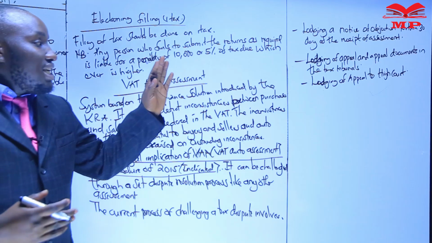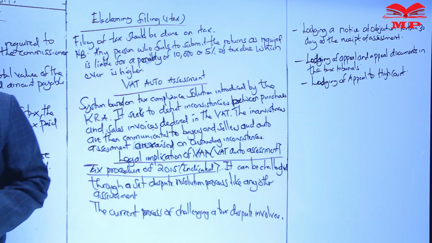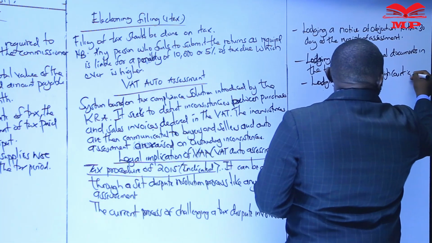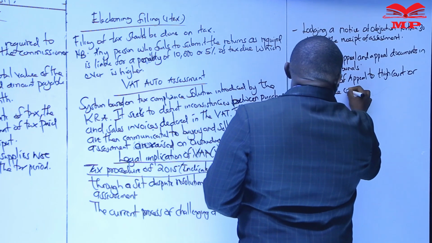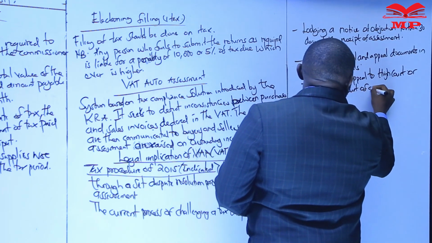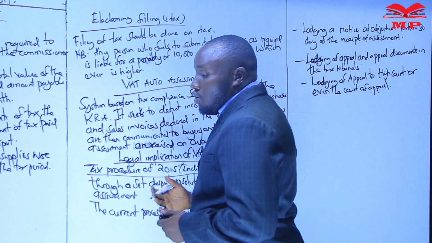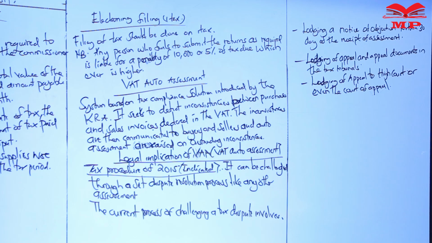If you do not get a fair hearing at the tribunal, you can decide to lodge an appeal, and even go to the Court of Appeal. So if you do not agree with an assessment, especially the VAT auto assessment, you can lodge an appeal at those various levels.